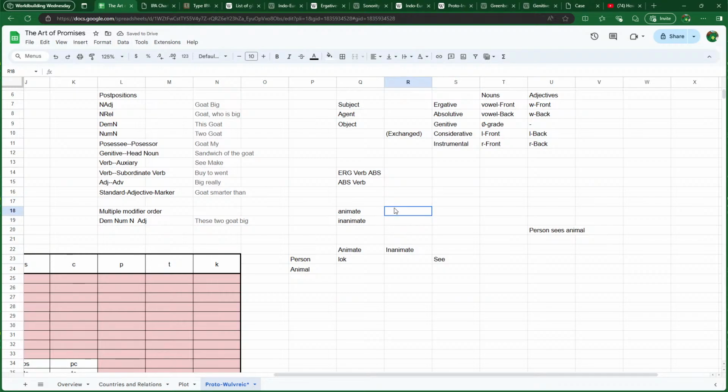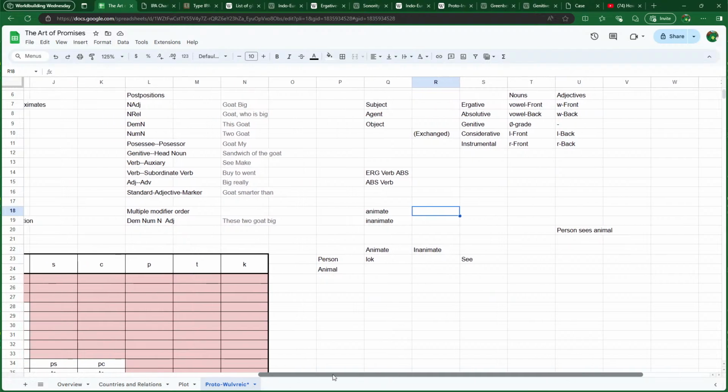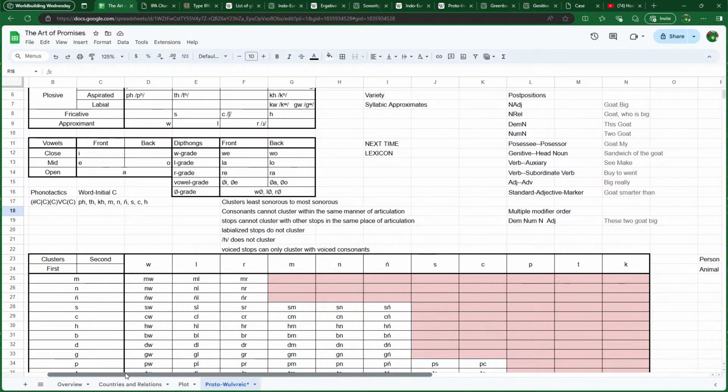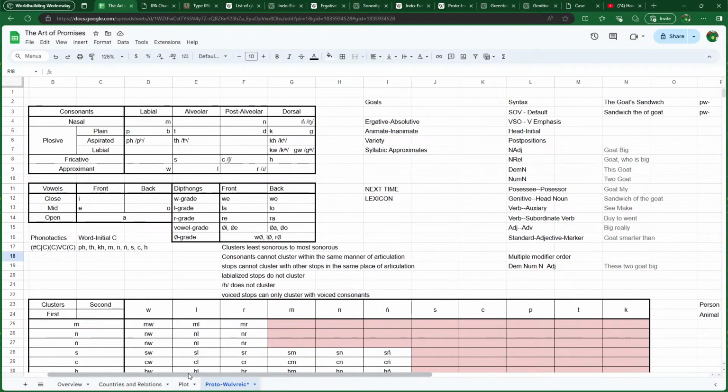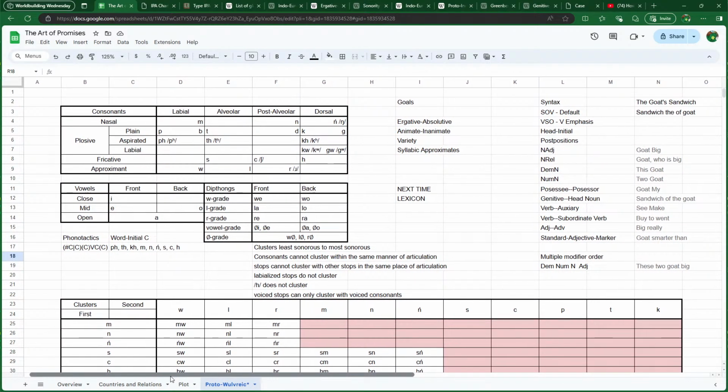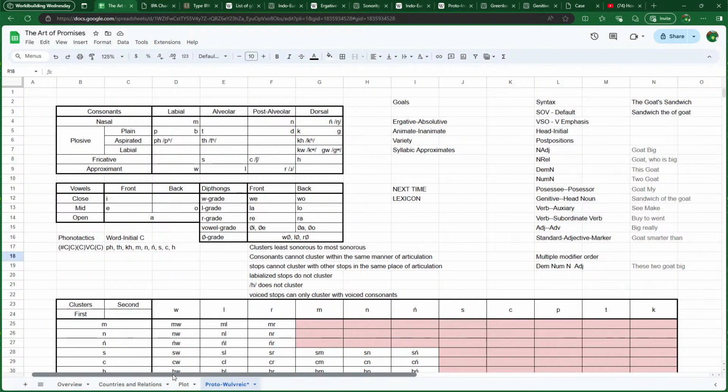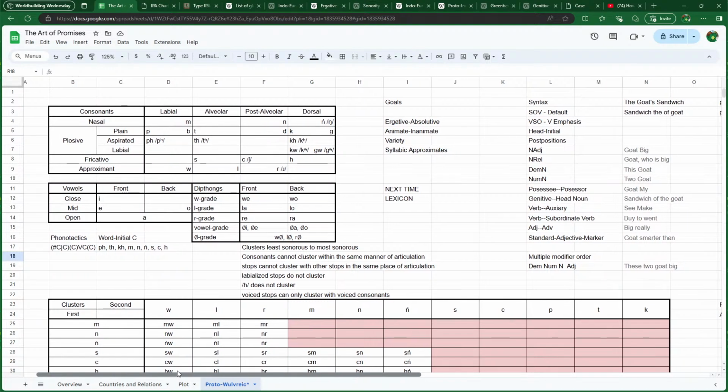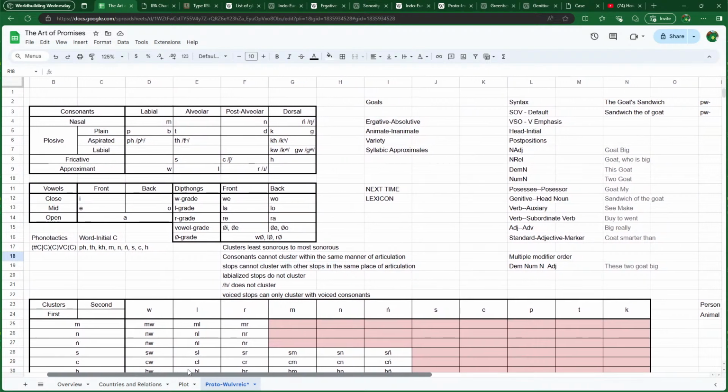So we're gonna have extra words for these and basically tack them on to the end, because that's how this would work in a proto-language. So our word for animate should be something simple, because this is something that they have just naturally understood.